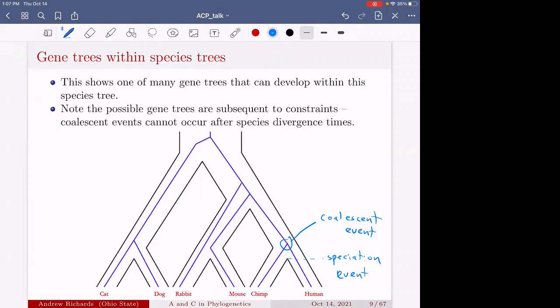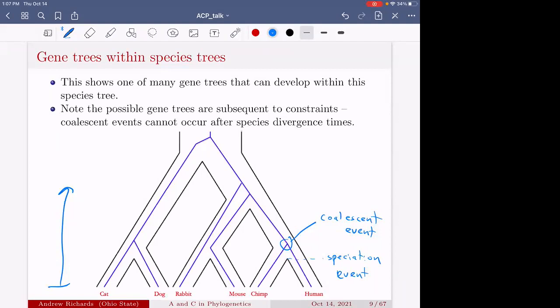We measure time going backwards, as is typical. So the mathematical restriction is that this coalescent event, which is described by a t, has to be bigger than the tau, which is the mathematical label for the speciation event. And so not all possible gene trees can occur because of these constraints.